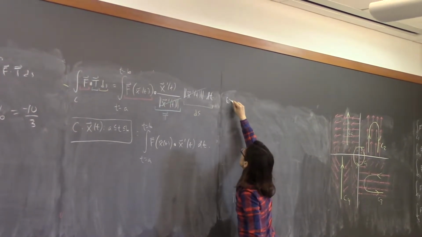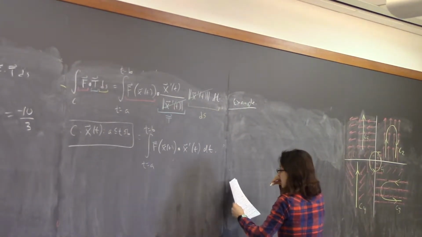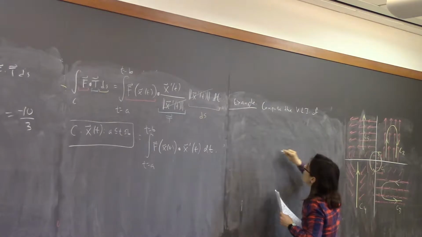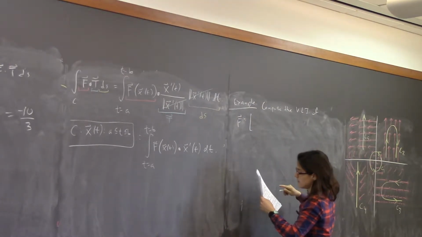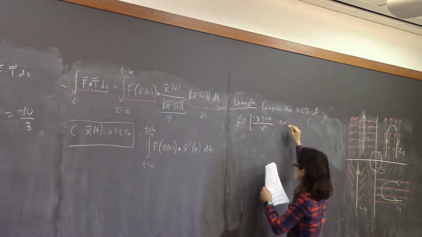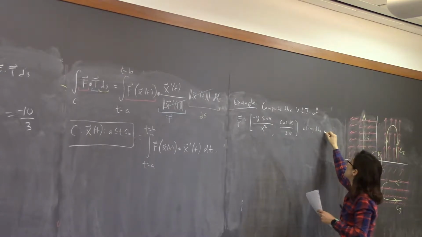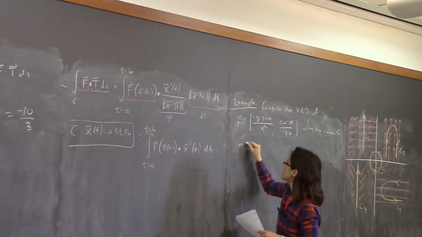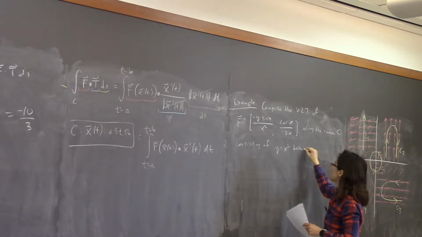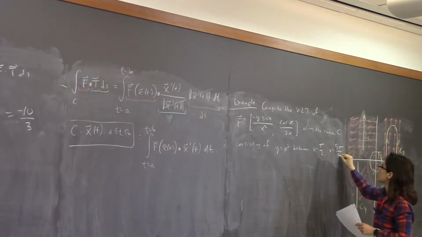So for example, compute the vector line integral of the vector field, which is negative y sine x over x squared, comma cosine x over 2x, along the curve consisting of the parabola y equals x squared between x equals pi over 2 and x equals 5 pi over 4.